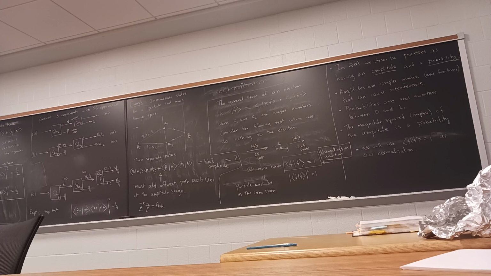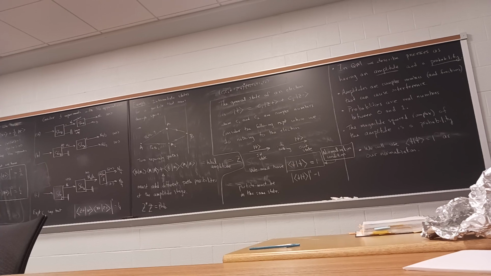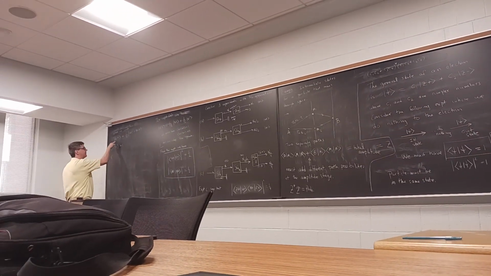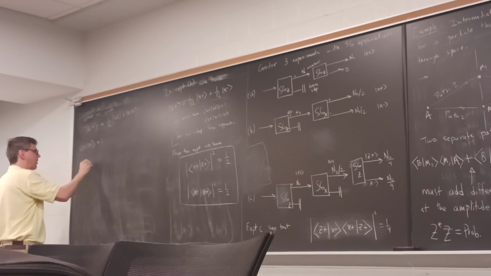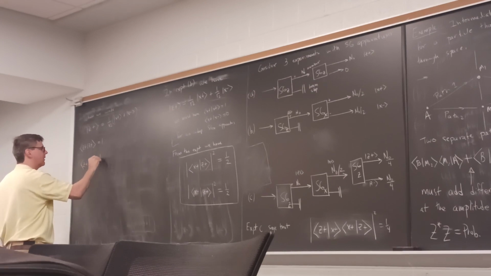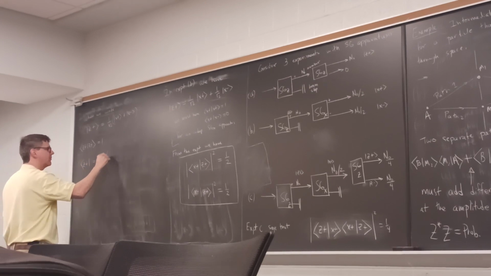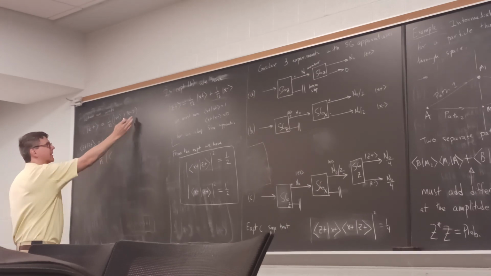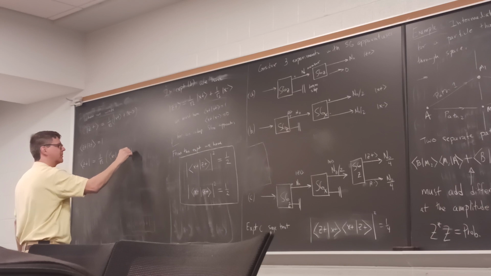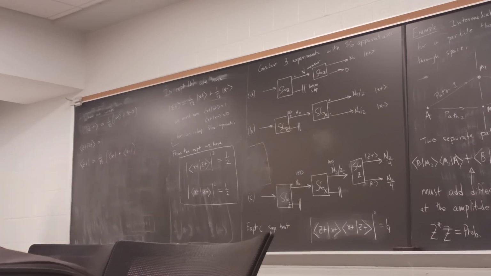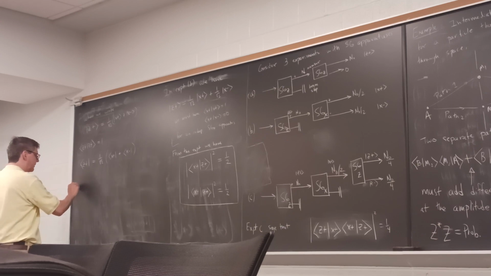We already found this anyway from just intuiting it from the experiment. We can just show this. Okay, so we have this as the ket. Now we can write this as a bra, which is just 1 over the square root of 2, and there are no complex numbers here, so it's very easy to just turn this around. So that's the Z bra, and then we can take the inner product.